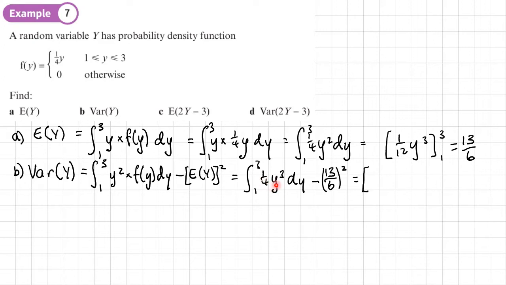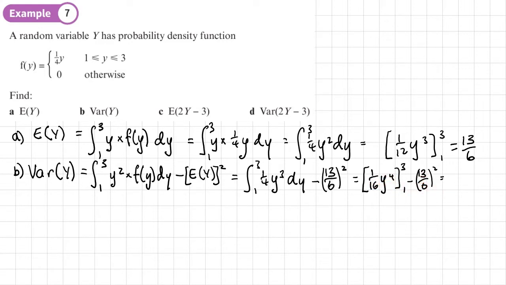So we'll do the integration. That'll be a quarter y to the power 4 over 4. So it'll be 1/16 y to the power 4 between my limits of 1 and 3, and subtract 13/6 squared. So now we'll work out 1/16 times 3 to the power 4 minus 1/16 times 1 to the power 4.